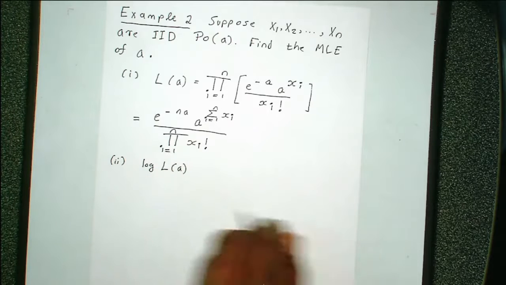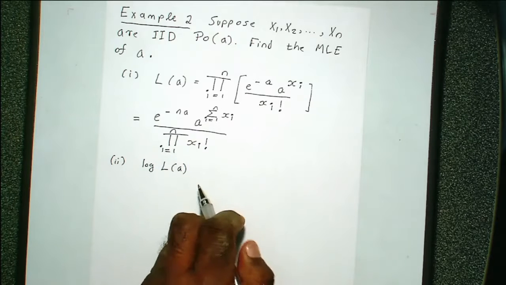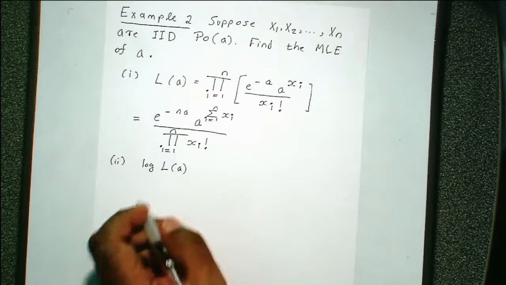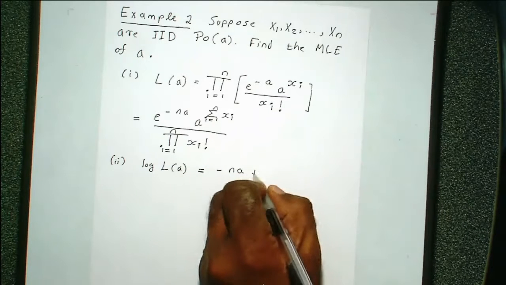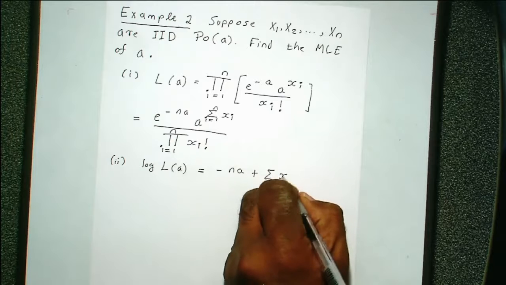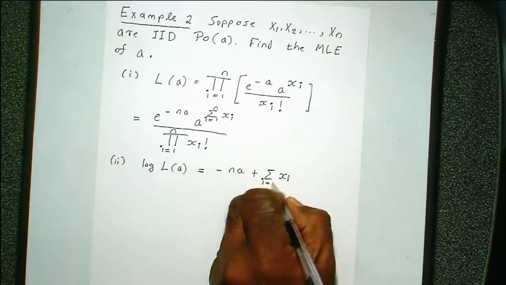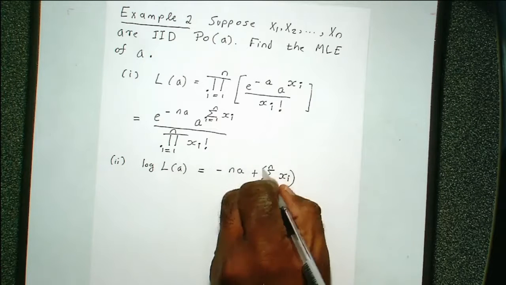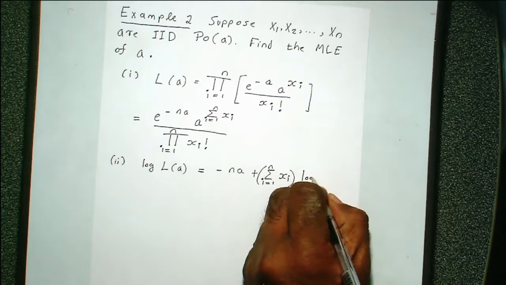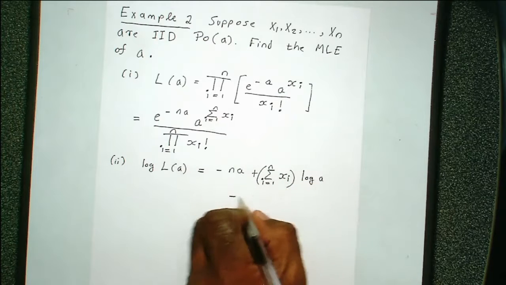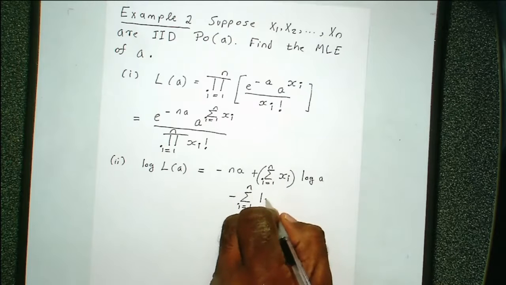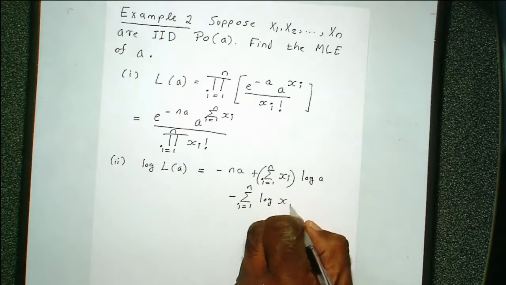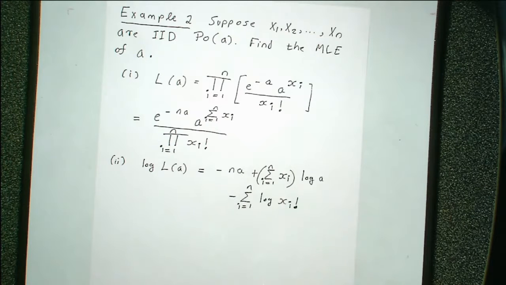Now, if you take the log of this, you listen please, you get minus nA plus the sum of xi times log A minus the log of the product of xi factorial. So this is the log of the likelihood function, right?